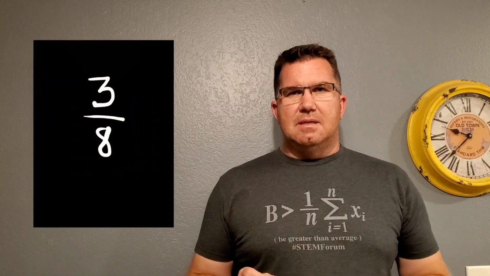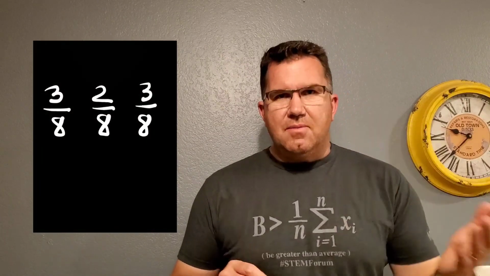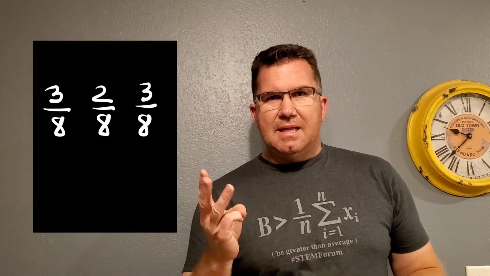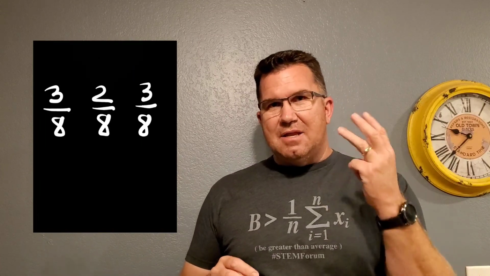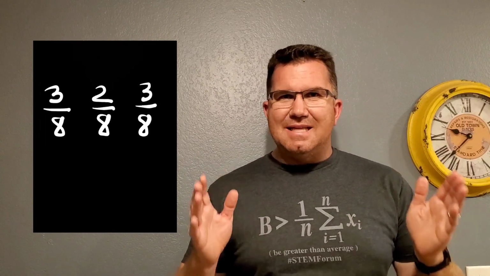Now, to really have good fraction sense, we could make it even bigger than just two things. For example, I could say 3/8, and you could say, well, 2/8 and 3/8, because 3/8 and 2/8 and another 3/8 makes 8/8, which makes the whole.